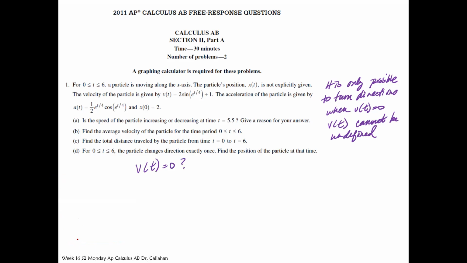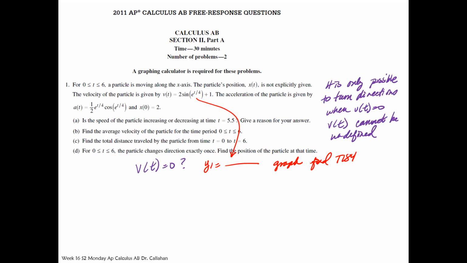And you can do this several ways. You can go ahead and do the y of 1. Make sure you put this equation right here, hit graph, and find it on your TI-84. So let's go ahead and do that. We're going to graph the 2 sine, and then make sure you put the e caret t divided by, or x divided by 4.